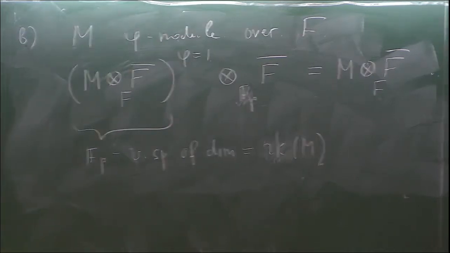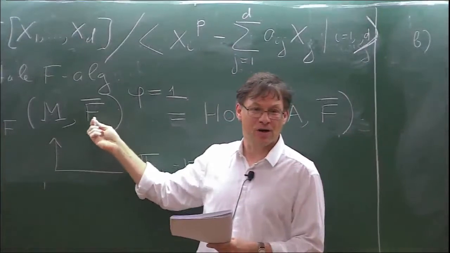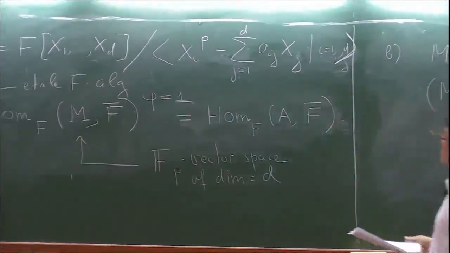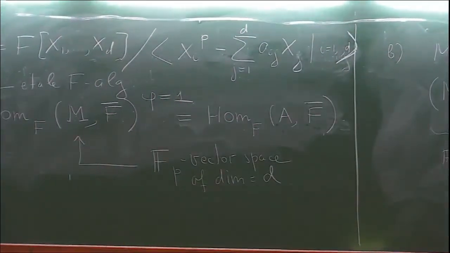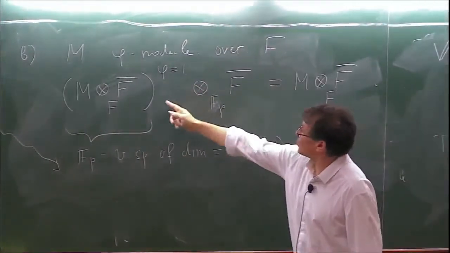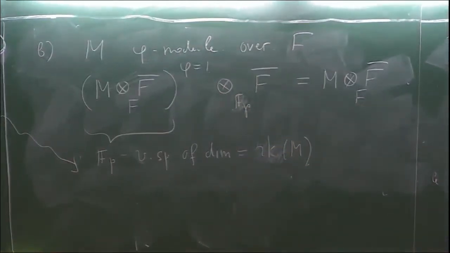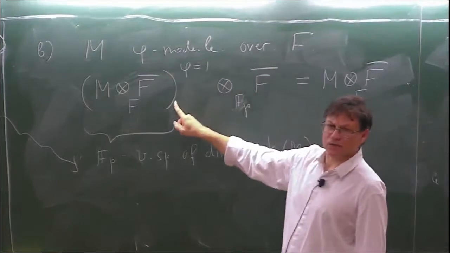Here we consider Homs, but we can pass to the dual object, use duality, to prove that this is a vector space of the right dimension. So these vector spaces are of the same dimension, and we only need to show that this map is injective.